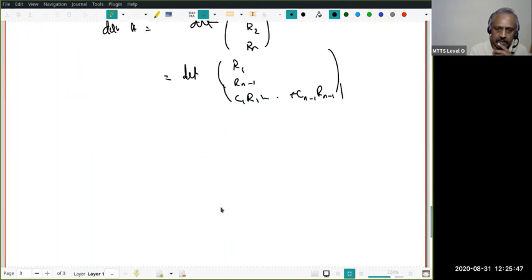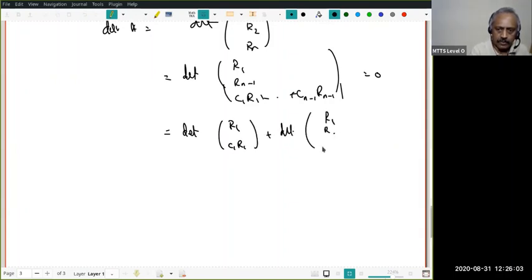The last row is a linear combination of the earlier rows, therefore you know the determinant is 0. In case you are not sure, this is the same as the determinant of R1 ... C1 R1, plus the determinant of R1, R2 ... C2 R2, plus the determinant of R1 ... Rn minus 1, Cn minus 1 Rn minus 1.